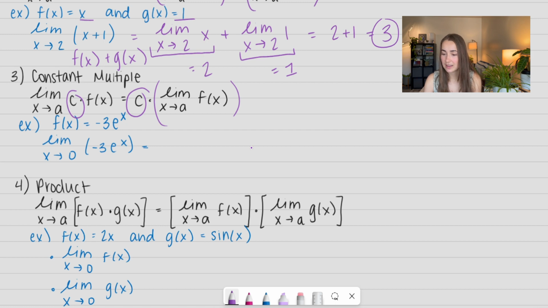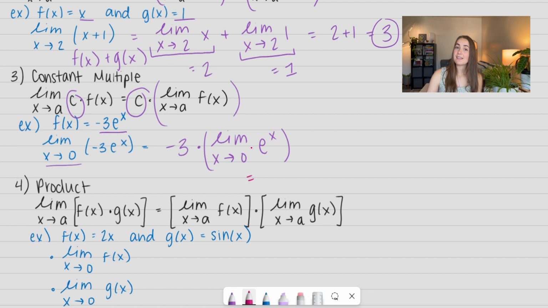We have f of x is equal to negative 3 e to the power of x. So let's go ahead and evaluate this limit as x approaches 0. Using the rule we just learned, I'm going to go ahead and take out that negative 3. I have negative 3 times the limit as x approaches 0 of e to the power of x. And now I can go ahead and evaluate this limit right here.